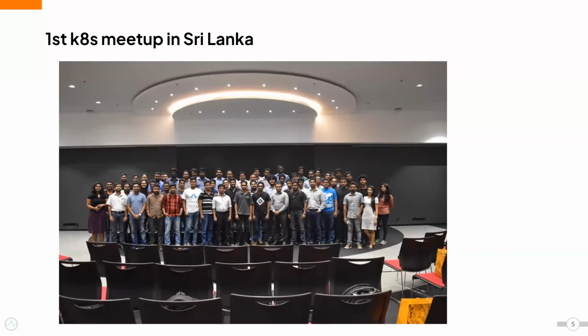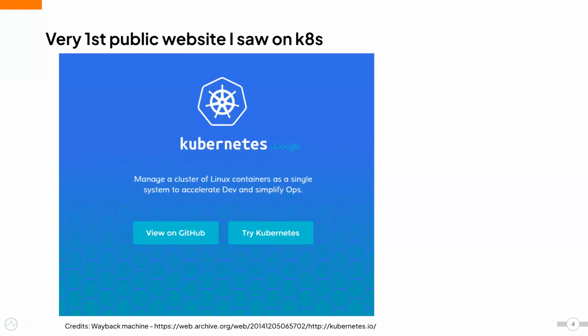At least in the media, Google said they were giving it away to the community. But they had a good story, and I think it's good for everybody as well.